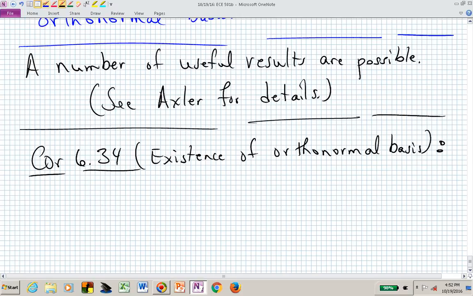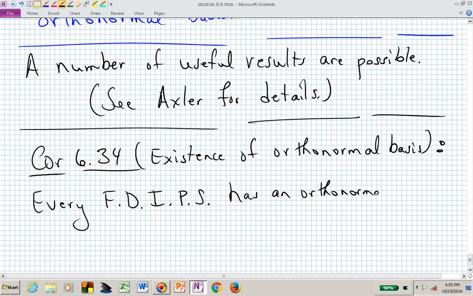By that, every finite dimensional inner product space actually has an orthonormal basis.